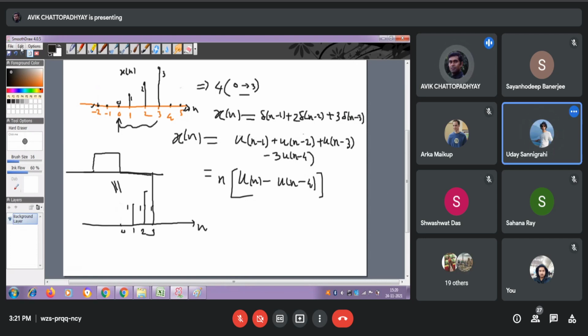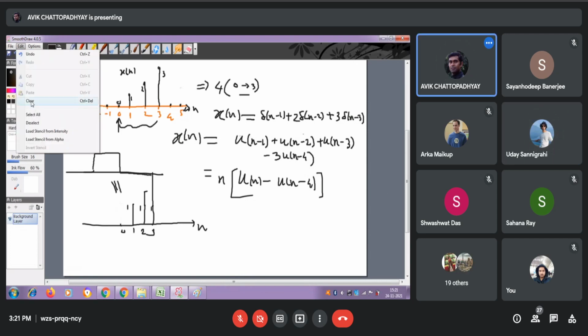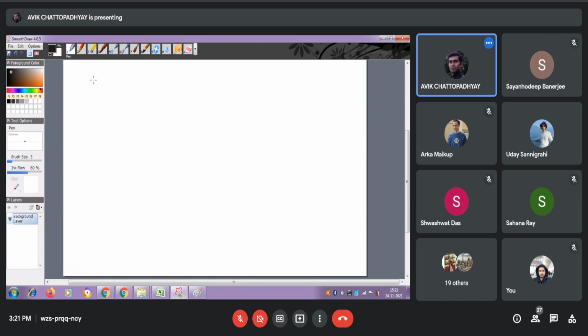Now, first let me clear the screen. Another sequence we very often encounter in our life, and it is of great significance, is the exponential sequence, which is in general represented like a alpha to the power n.